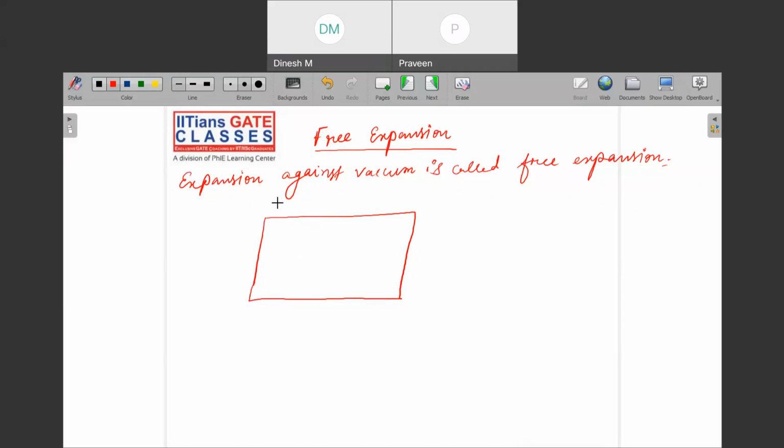So what is free expansion? When you are de-inflating the balloon, there are air molecules in the atmosphere, and these air molecules try to restrict or hinder its expansion. So the question came up: is there any way that we can eliminate this restriction from the atmospheric molecules?